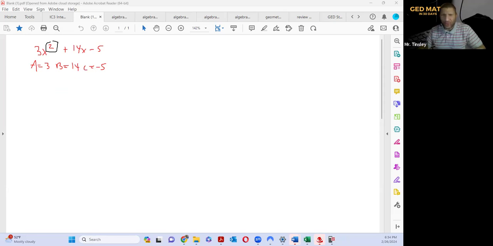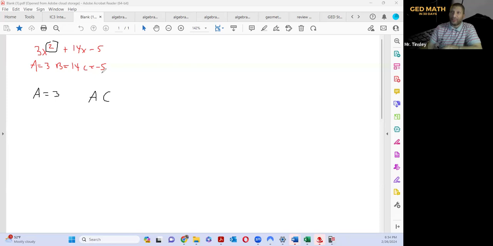So, Mr. Tinsley, there's two ways you just went over. We could factor it, or we can throw it in the quadratic formula. You're 100% right. But I thought you said when you factored, if A is equal to 1. Well, A is not equal to 1. A is 3. If A is not 1, you have to multiply A and C together and find a factor pair.